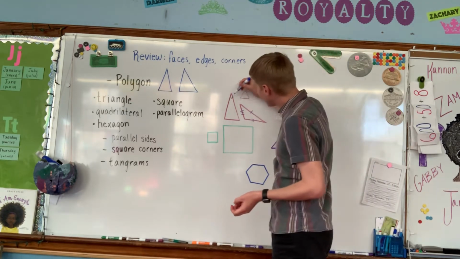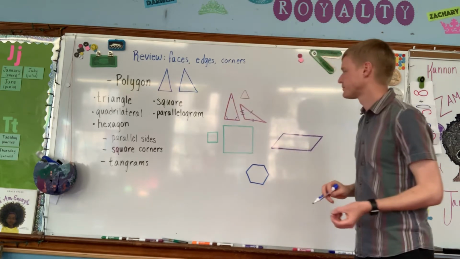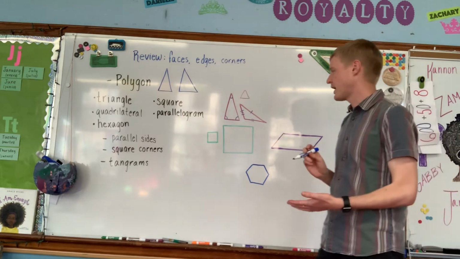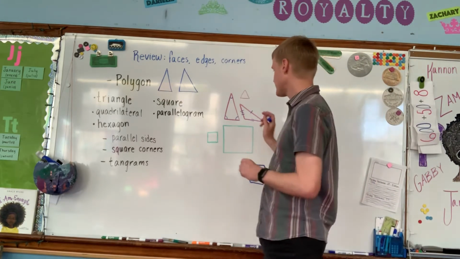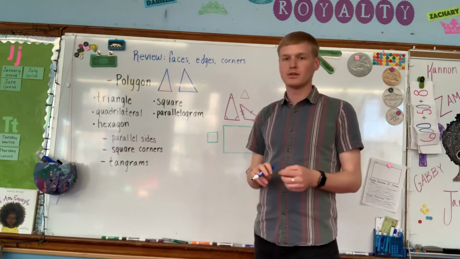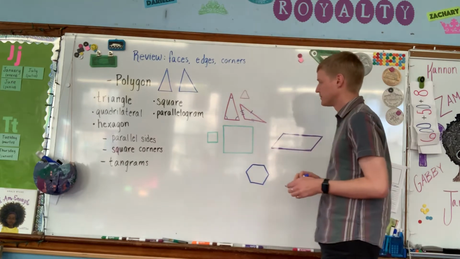So I have 1 angle, 2 angles, 3 angles. All right, so a triangle is a closed figure. It has 3 sides and 3 angles. Those are the things we have to create a triangle.